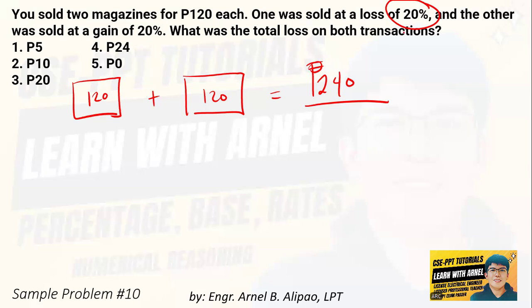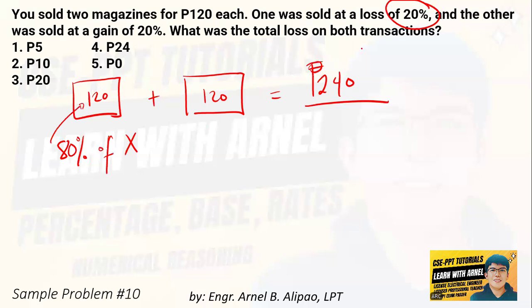That is why you lost the 20%. So meaning to say, this 120 is the 80% of the original price.